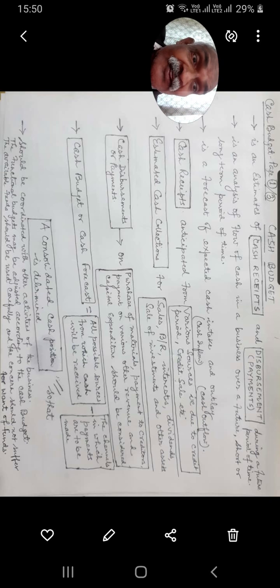So all these budgets may be adjusted according to the cash. Because if you do not have cash, how will you purchase the raw materials, then how will you produce the finished goods.